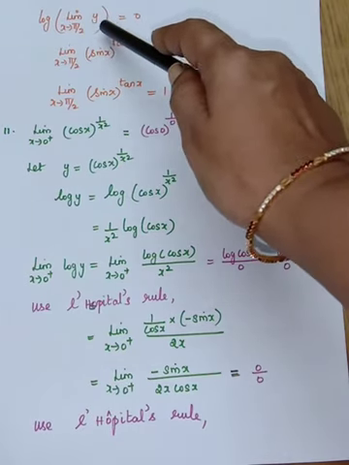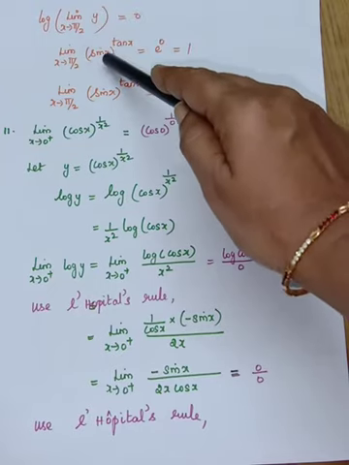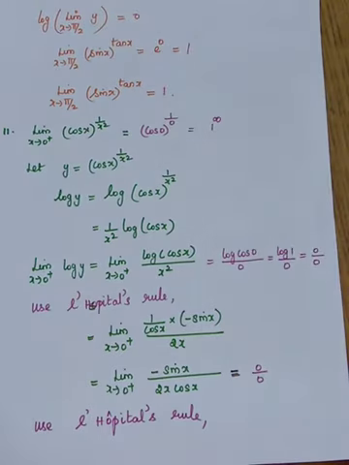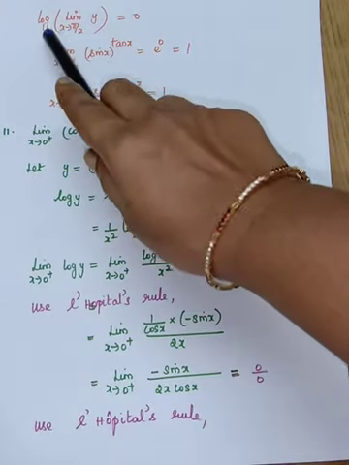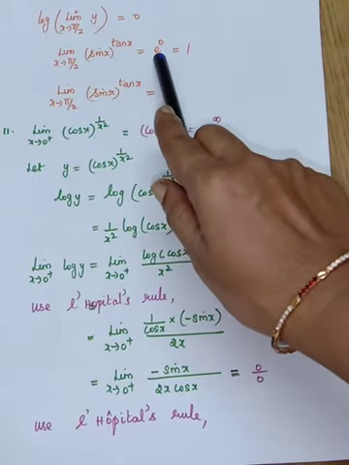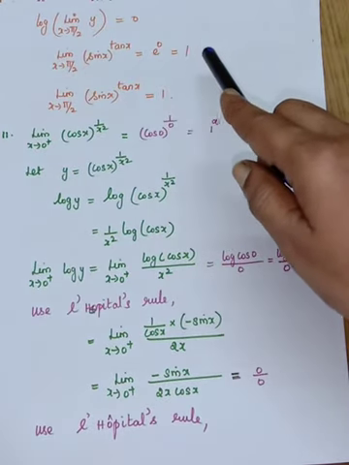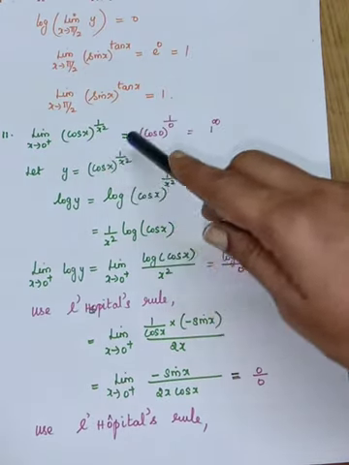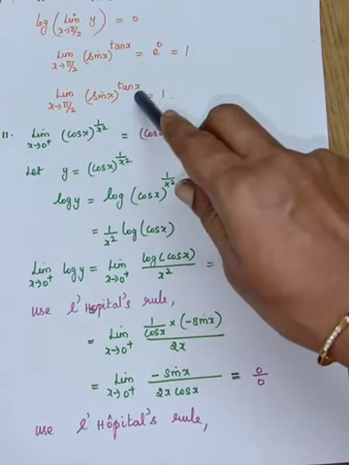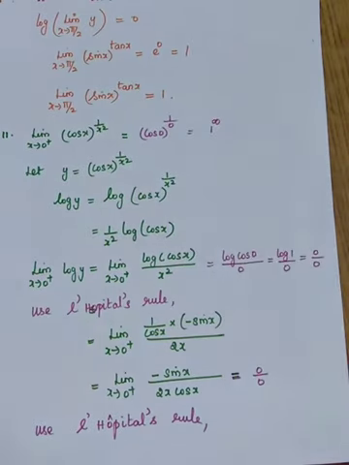Here in your problem, what is y? Y is sin x to the power tan x. So when you take the log to the right side, it is e power 0. So e power 0 is 1. So limit x tends to pi by 2 of sin x to the power tan x is equal to 1.